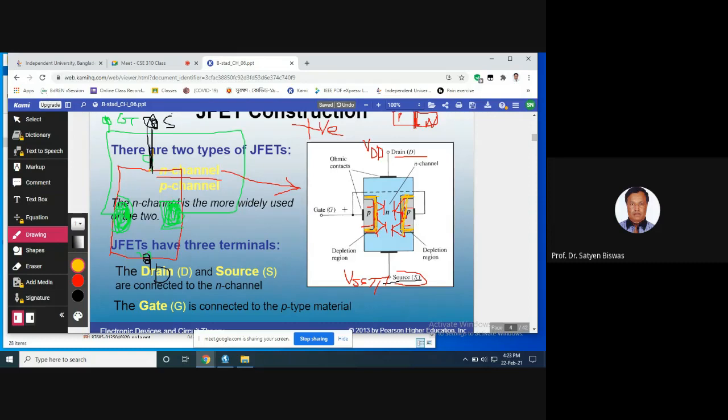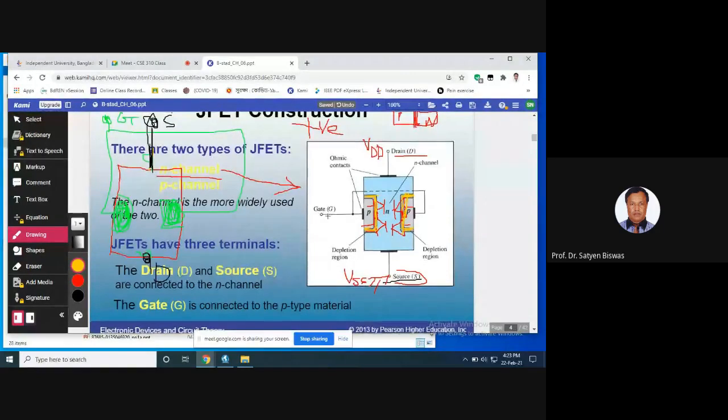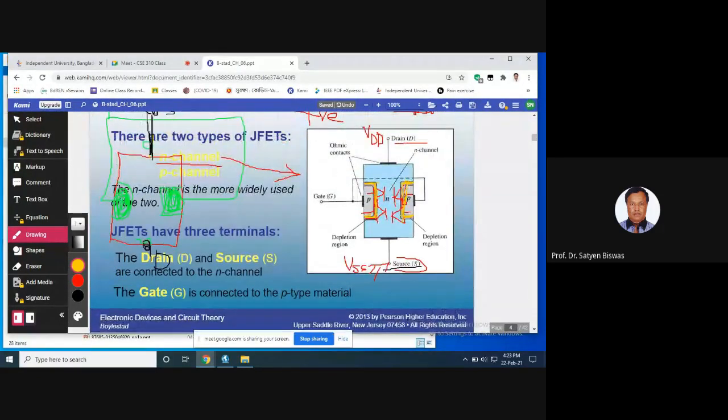Now we apply voltage. Now we would like to apply voltage here and we'll see what happens. Without applying any voltage, we can see the smallest depletion region here, and those are symmetric. Look here, this side and this side are all symmetric.